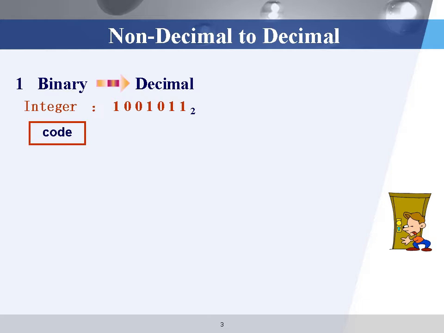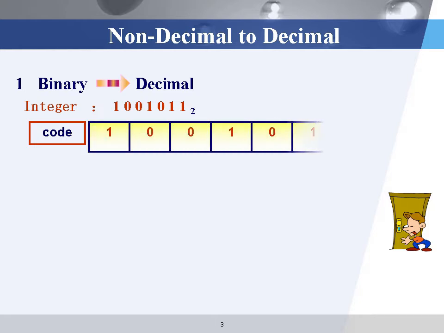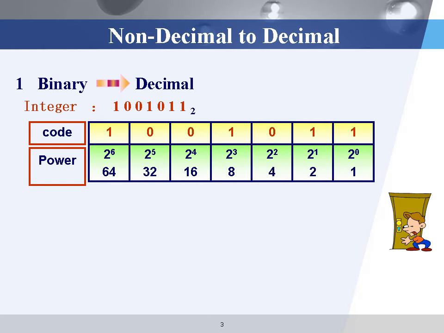So we calculate the power for every position. So we have 1, 0, 0, 1, 0, 1, 1. So we are going to calculate the power for each of the numbers. So the power will be 1 for the rightmost bit, because the power starts from 1.